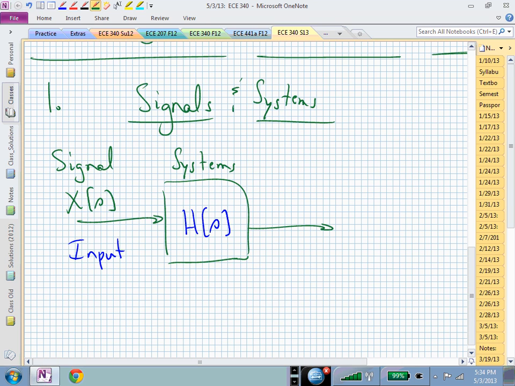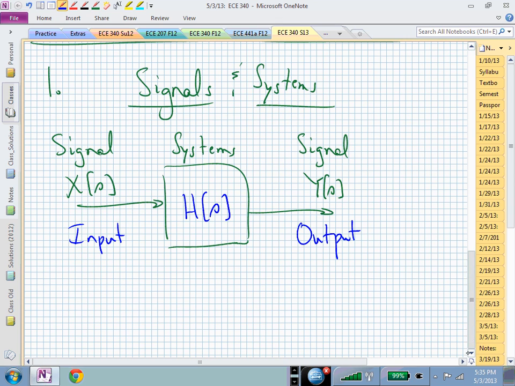In this class, we've specialized that to be a circuit or circuits, which produces this output signal y of s. It's nice to have a feel for how those signals and systems are connected or related.